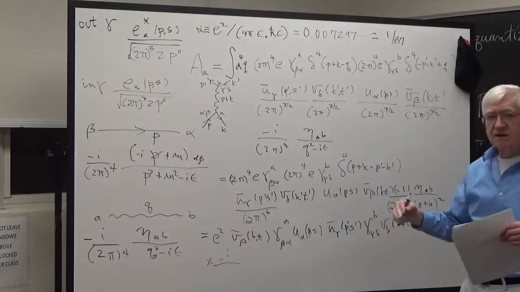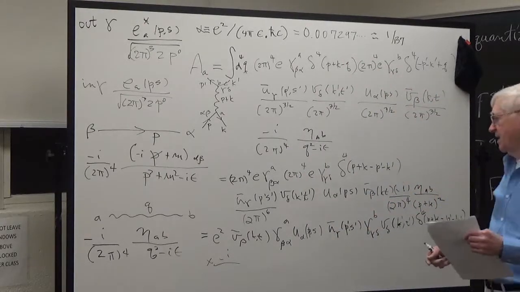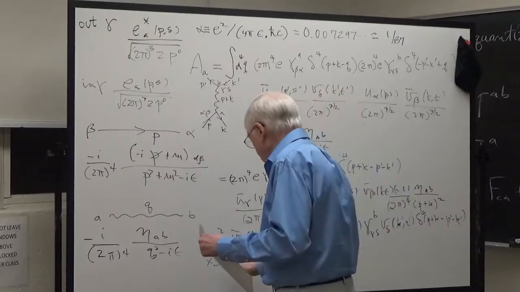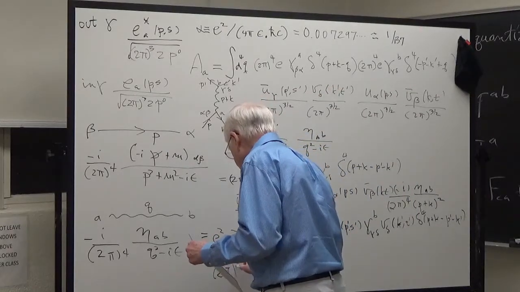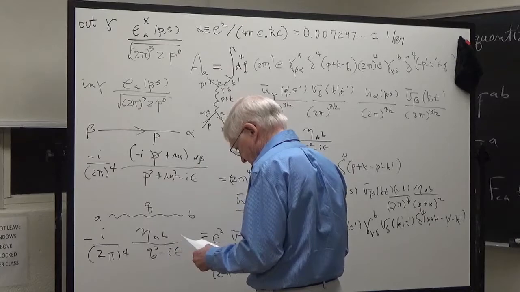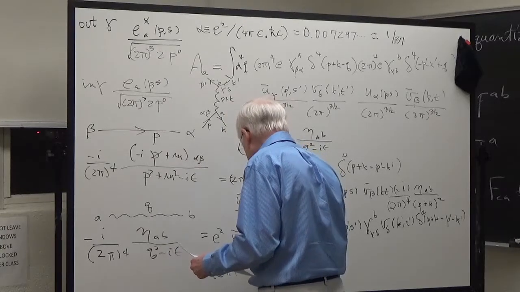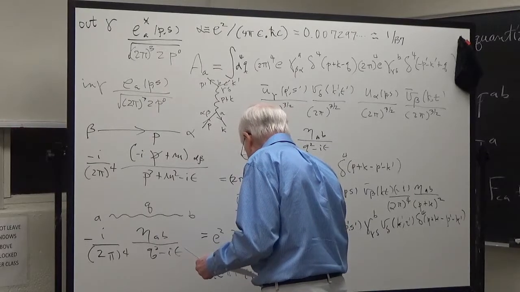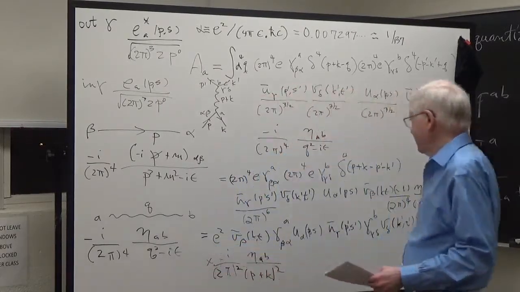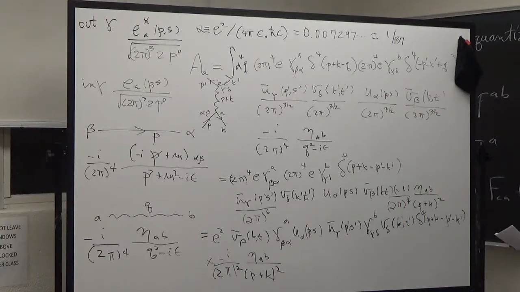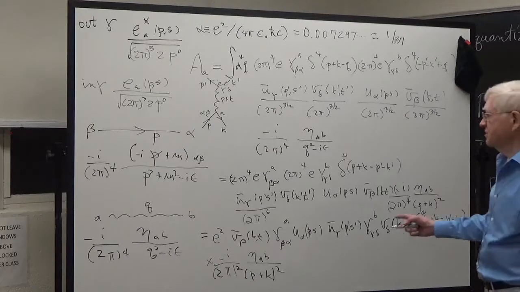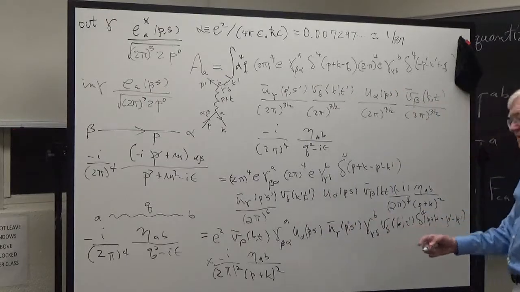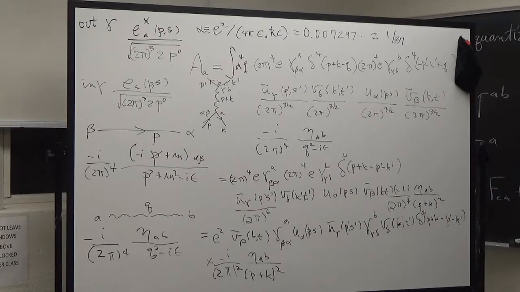So altogether, it's 1/(2π)^2. In between, I screwed up the 2π squareds, and then δ_AB over (p plus k) squared. All right, so I've got the 2π's right there, and they're right here also, (2π)^8, (2π)^10. Okay, so that's all right as well.